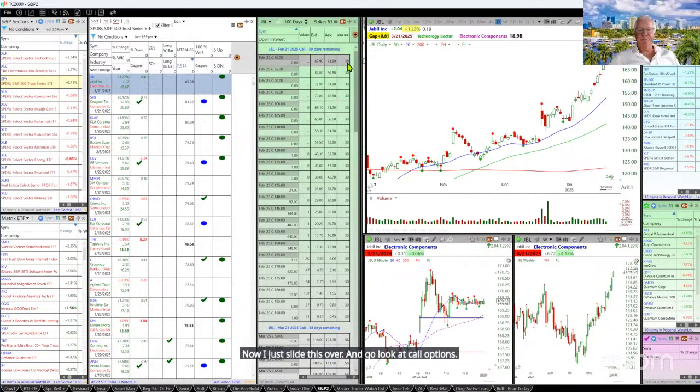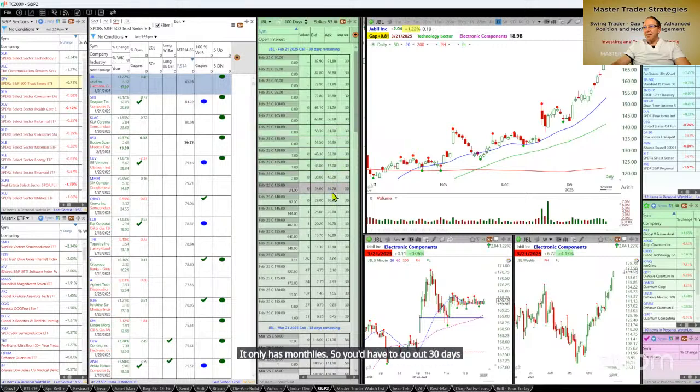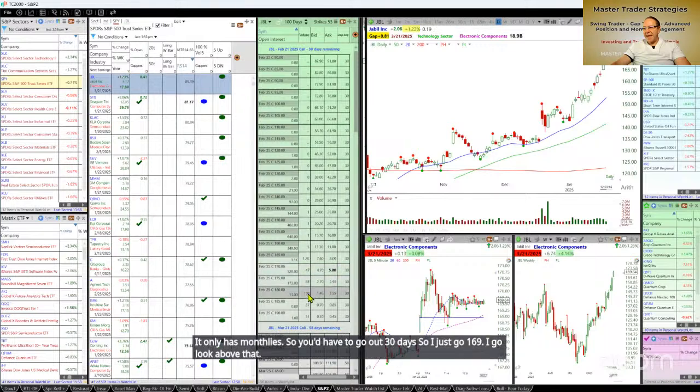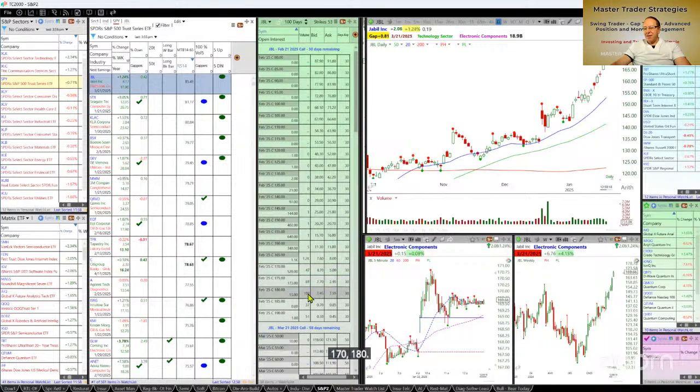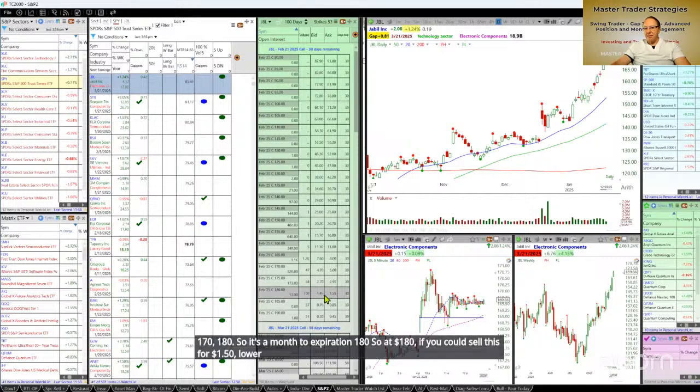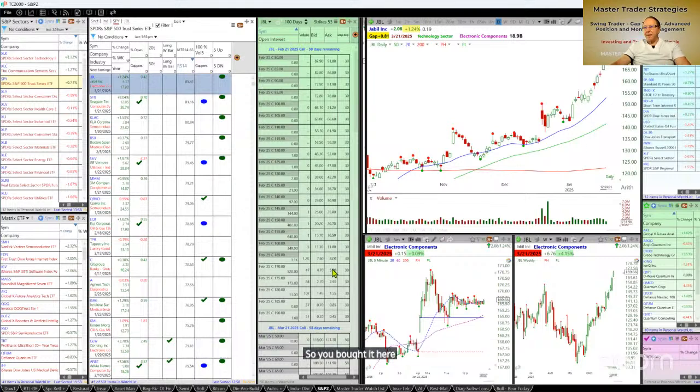It only has monthlies, so you'd have to go out 30 days. So I go to 169, and look above that, 170, 180. So it's a month to expiration, 180. At $180, if you could sell this for $1.50, you'd lower your cost. Say you bought it here, you'd lower your cost by that $1.50.